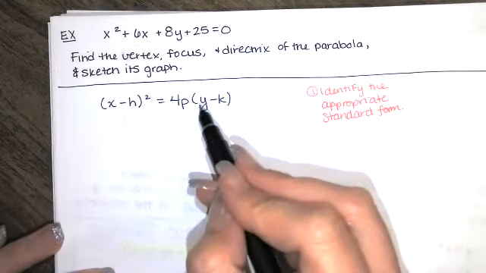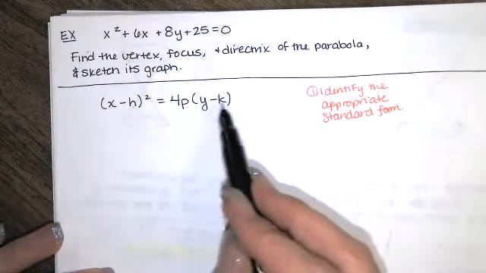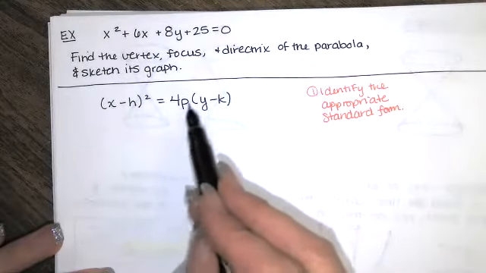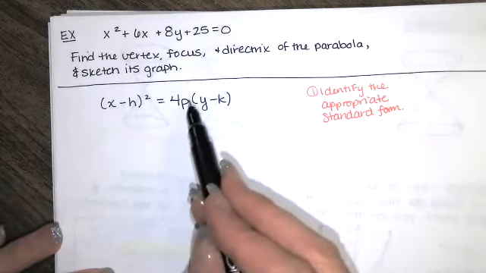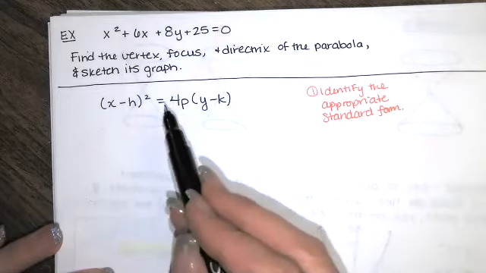Notice y has a coefficient of 1 here. We're subtracting k from it, and then we've got this coefficient out front, and that tells us the value of p, or allows us to infer the value of p.